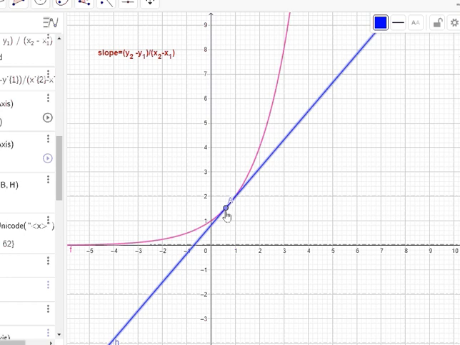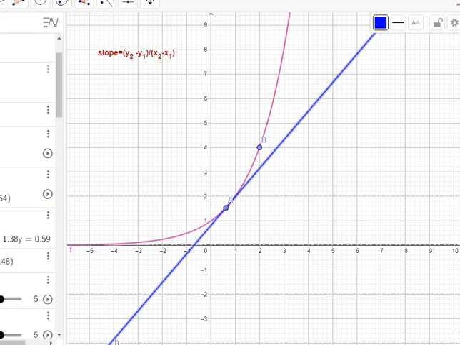So what I'm gonna do is to pick another point on the curve. Let's call it B. And I will draw a line passing through A and B. This is a secant line, in red.